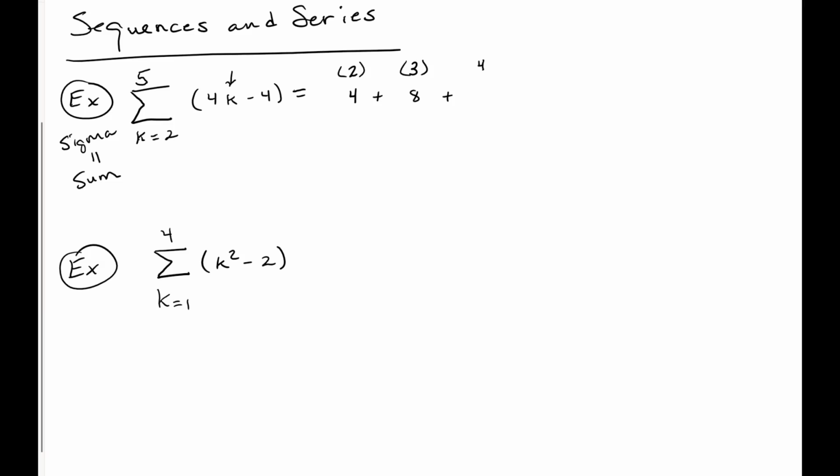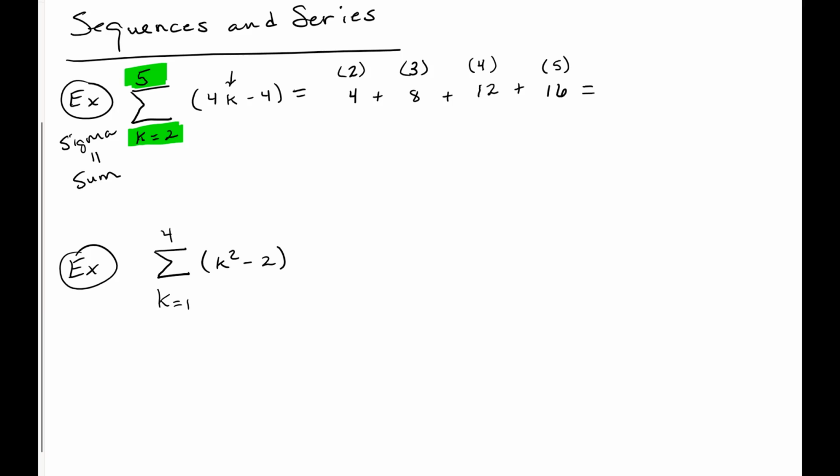Now let's plug in the number 4, because we're going to go from 2 to 5, and that's important. 4 times 4 is 16 minus 4, which is 12. Plus, and now we're going to plug in the final number 5. 4 times 5 is 20 minus 4, which is 16.